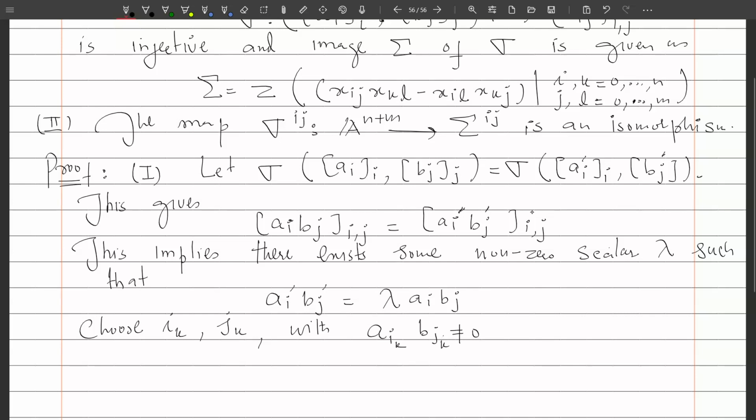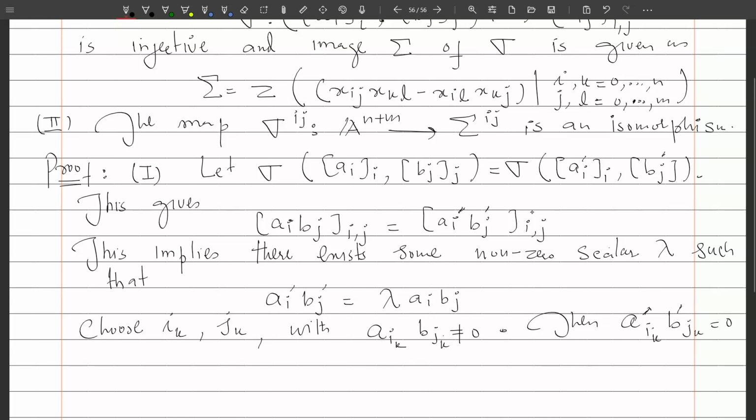I mean, this i_k and j_k lie between 0 to n and 0 to m respectively. So if this is the case, then a_{i_k}' times b_{j_k}' is also non-zero.